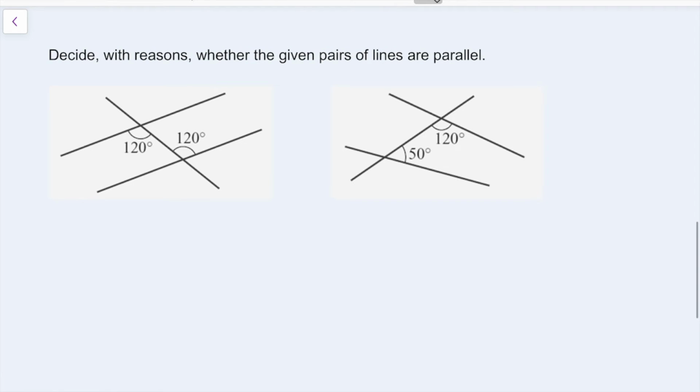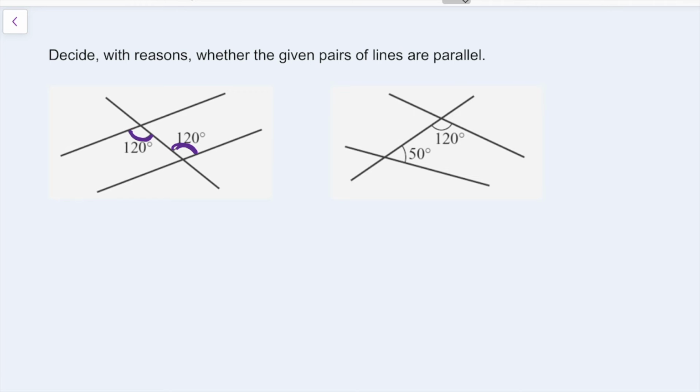Alright, last examples here. We need to decide with reasons whether these pairs of lines are parallel or not. Here's our first one. We have one angle that is 120, and one on the other side that is also 120.